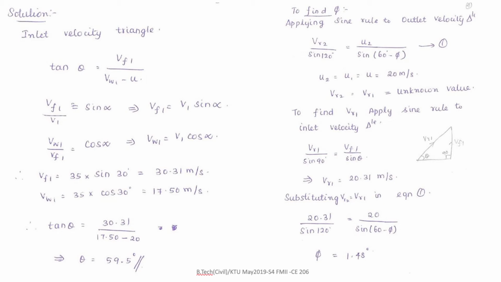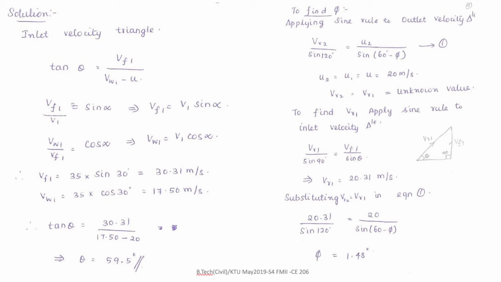VR2 is equal to VR1. Why are we taking this relation? It is given in the problem that it is striking without shock, so you can equate VR2 equal to VR1. So now come to the inlet velocity triangle. Here also we are going to apply the sine rule in the velocity triangle.